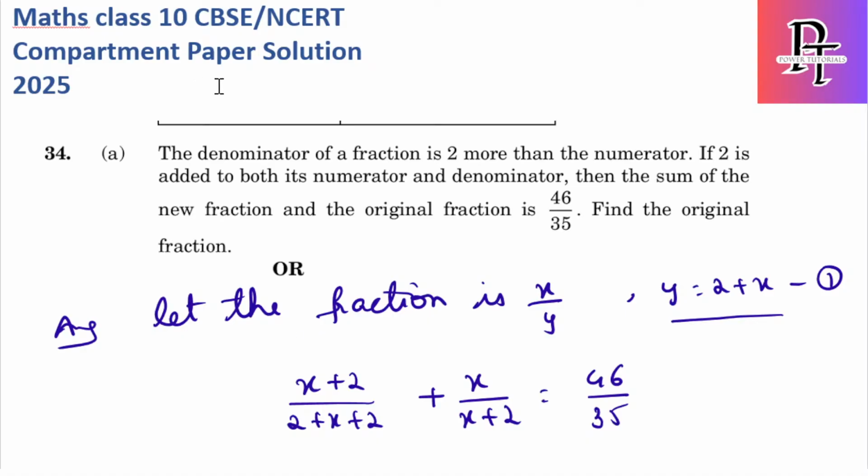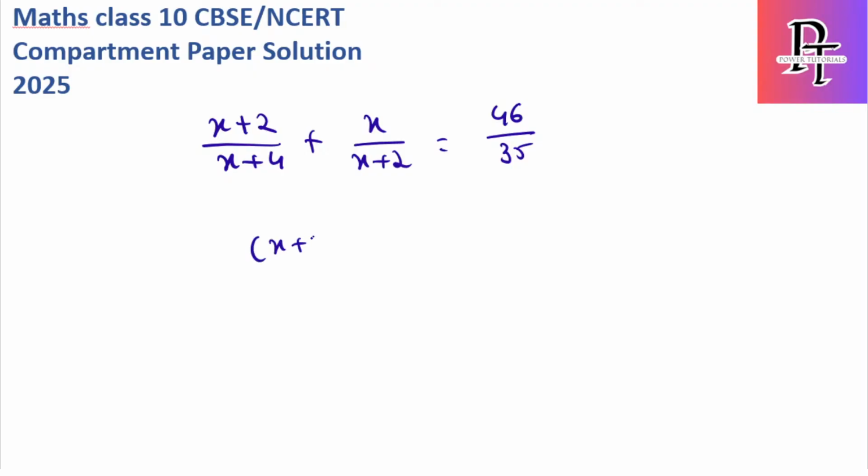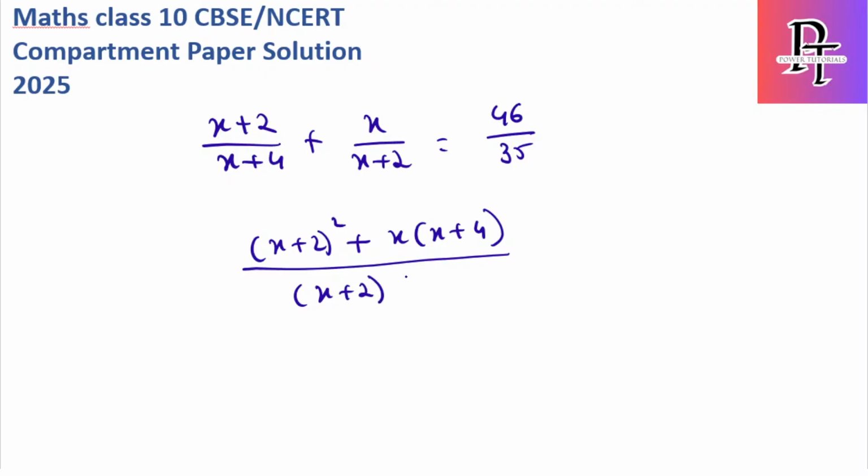x plus 2 by x plus 4 plus x by x plus 2 is equal to the ratio they have provided, 46 by 35. Let's take the LCM. This becomes (x plus 2) whole square plus x into (x plus 4), over (x plus 2) into (x plus 4), equal to 46 by 35.